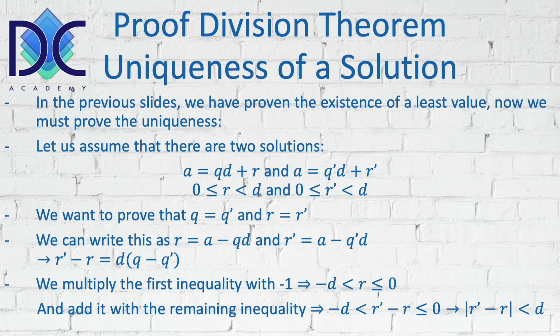So we add the two inequalities, and I find that minus D is smaller than R prime minus R, which is smaller or equal to 0, which also means that the absolute value of R prime minus R is smaller than D. And that's the element that we are going to use to prove the uniqueness.